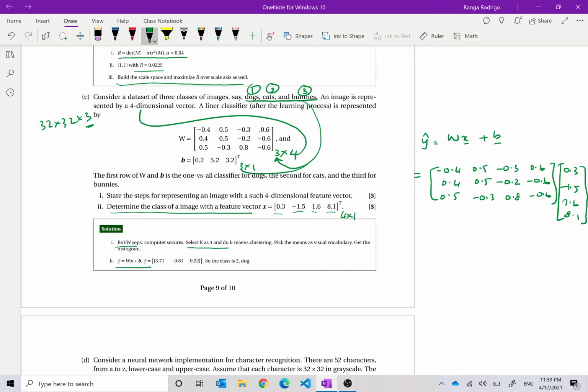This is a 3 by 4 matrix and this is a 4 by 1 vector, so you get a 3 by 1 vector. Then we add b, which is 0.2, 5.2 and 3.2. When you do that multiplication and addition, you get 3.71, minus 0.61, 0.22. So the first is the highest, and therefore it is the first class, the dog class.